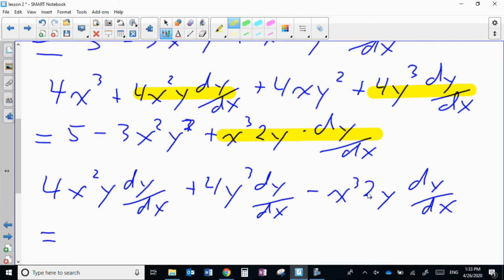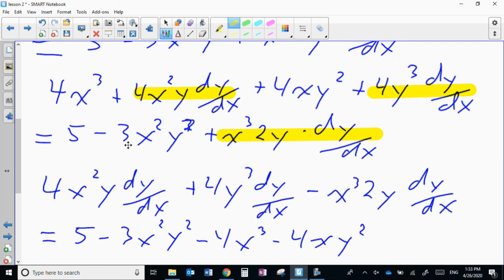So 5, take away 3x squared y squared, and then it's going to be take away 4x cubed and take away 4xy squared. And I've got 1, 2, 3, 4 terms taken on that side as well. Okay, so now what do I do to the left side? I factor out the dy by dx, and then I divide by what's left.